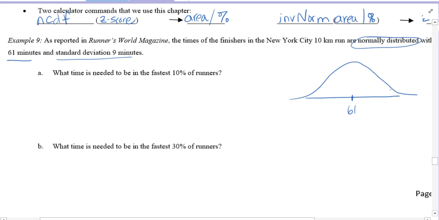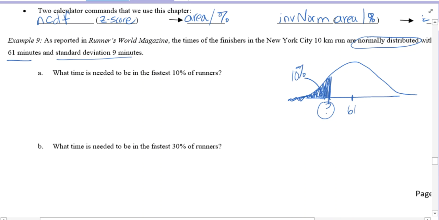In a race, you want to be fastest, so you want your time to be small. So the fastest 10% of runners is going to be down here in this left tail. What they're telling us is this amount shaded in is 10%, and what we want to find is the time that is the cutoff to be in the fastest 10% of runners.